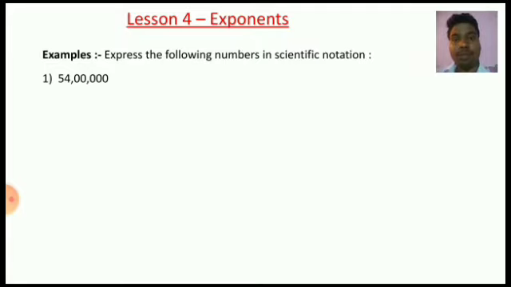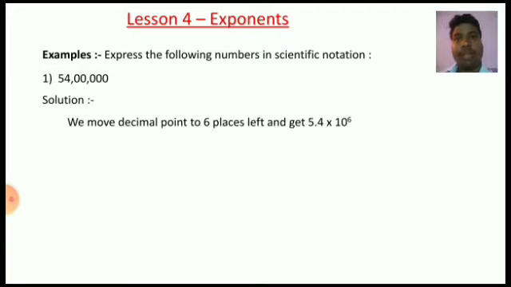So, solution. I already said about scientific notation: it expresses a very large or very small number in a compact manner. This 54 lakh is a very large number, so we have to express it in a compact manner. So we move the decimal point 6 places left and we get 5.4 into 10 raised to 6.